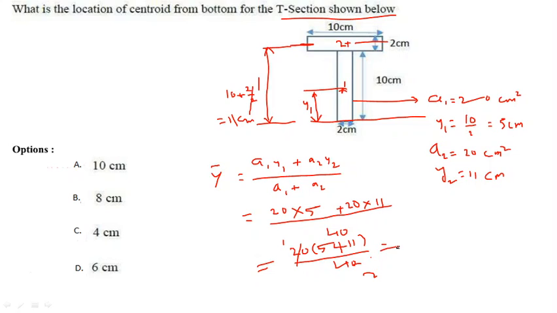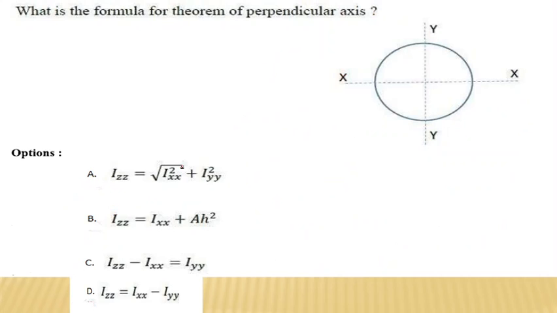Finally we get 5 plus 11, which is 16, and 16 by 2 is 8 centimeters. So the centroid of this T section is 8 centimeter. So option B is correct for this question. Okay, we'll solve one more question.